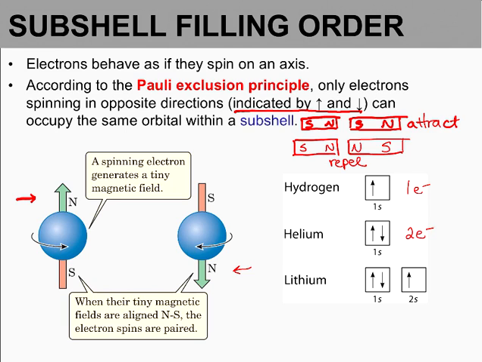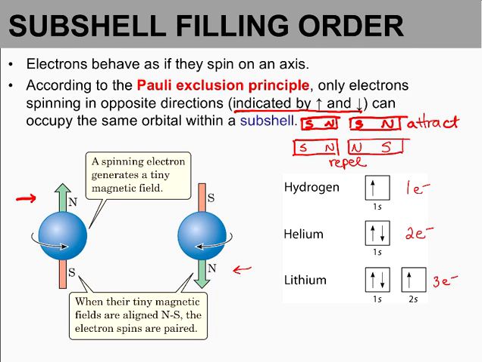So if we have an element with more than 2 electrons, we have to put the 3rd electron in the next highest energy orbital. So lithium, for instance, has 3 electrons, and we would have 2 electrons in the 1s orbital, and then 1 electron in the 2s orbital, which is the next highest orbital.